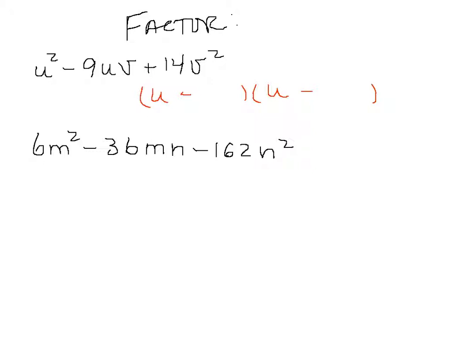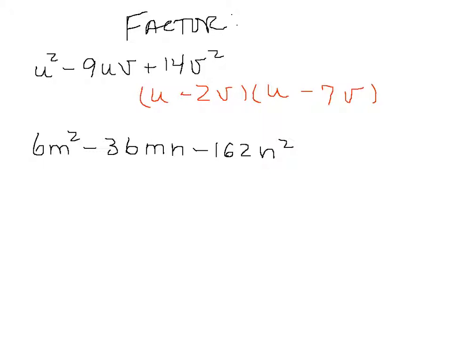I want two numbers that multiply to give me 14 and add to give me minus 9. So it's minus 2v and minus 7v. When you check this, we forced that to be u squared and we forced this to be 14v squared. The middle terms, the outsides and insides, are what give me this: minus 7uv, minus 2uv, and they combine to give me minus 9uv.